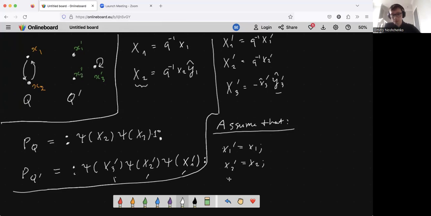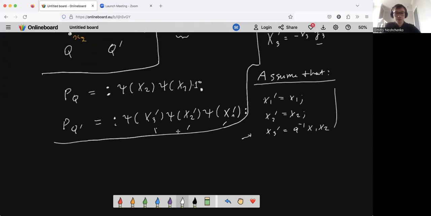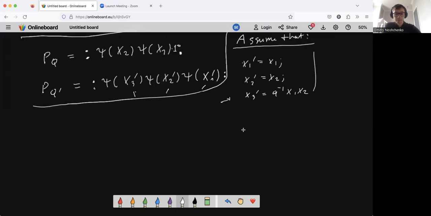But then we have x3 prime, which must be identified with q inverse x1 x2. And the main statement is, given these assumptions, we have the following identity, which is analogous to the quantum pentagon identity for the logarithm.